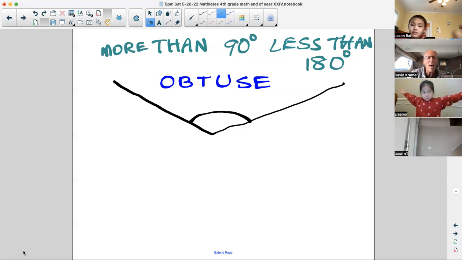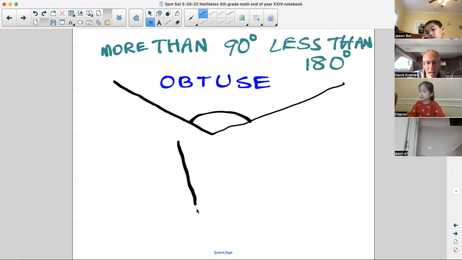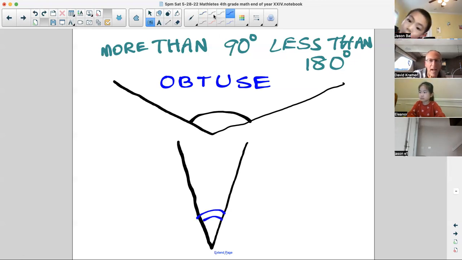Now, what happens if we make our arms do this? What does that angle look like? We call it acute. Ready?